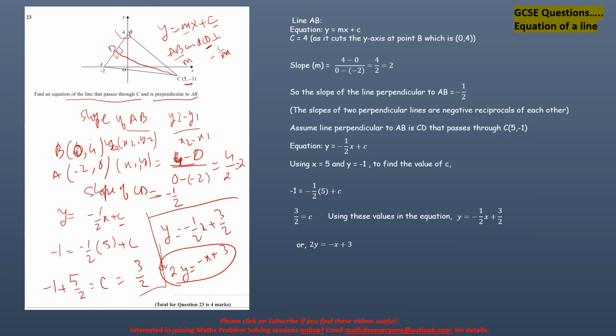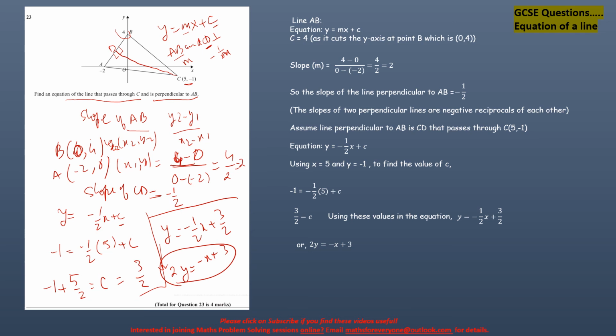Now I've done this in a better way. I've typed it all out nicely, and this is what it looks like. So if you ignore my handwriting, what we're doing is the same thing. I've written the line AB, the equation should be y equals mx plus c.